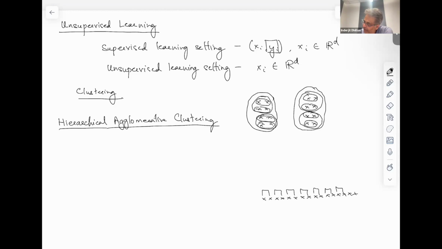So I'm building a hierarchical tree, and that's why it's called hierarchical agglomerative clustering. Hierarchical because it builds a hierarchical tree, and agglomerative because it is bottom up. Typically it goes all the way until you have just one cluster, and you can cut it over here and you will get these clusters. This is not the two-dimensional representation. This is just building what's called a dendrogram, or a hierarchical tree.